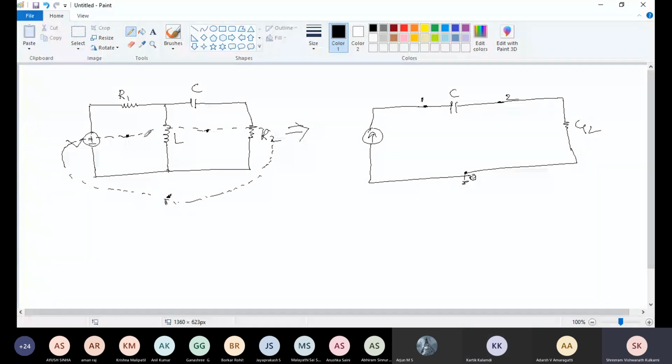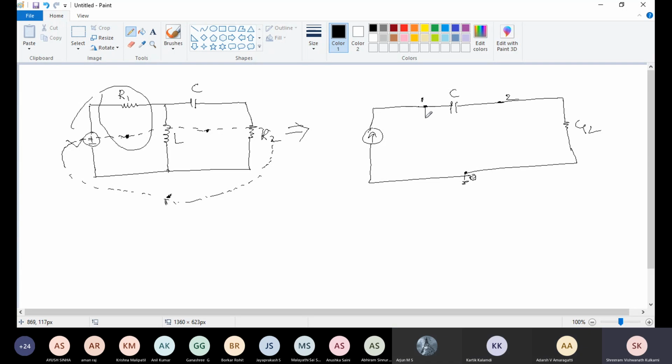Now, from this node, which is parallel, see, this node is crossing this node. R1 is parallel right here. See here, R1 is parallel to this node, correct? Yes.